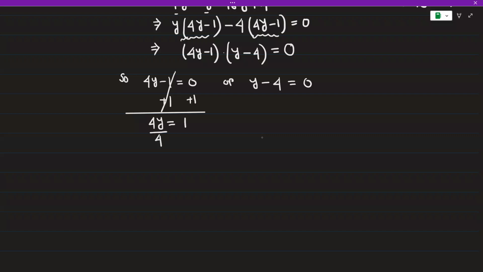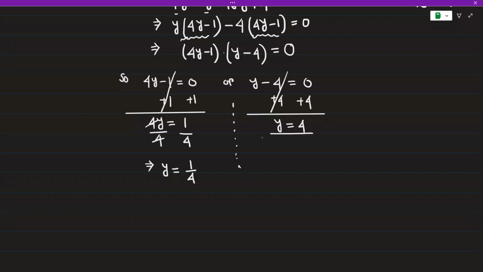Now we divide by 4 on both sides, 4 cancels, we got y = 1/4. And in the other equation, if you add positive 4 on both sides, this one cancels, so you got y = 4.